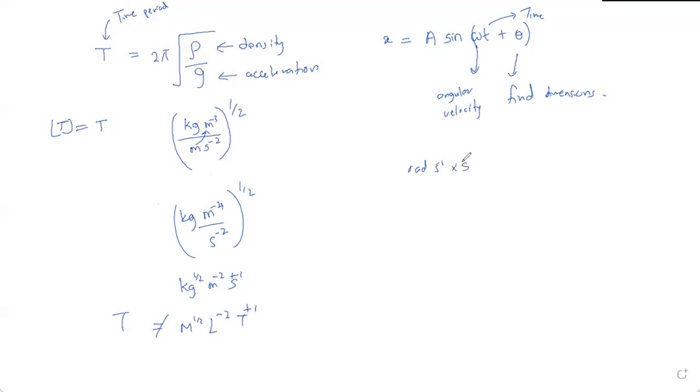Time is seconds. Per second, second gets cancelled, you get rad. Rad is dimensionless. So this and this is added. That means theta is also in rad, so it does not have a dimension. So dimensionless means the dimension is m to the power 0, L to the power 0, and t to the power 0. When power is 0, it means it's 1. It's 1 into 1 into 1, no? So dimensionless means the dimension is 1. You can say it's 1, right? That is what dimensionless means.